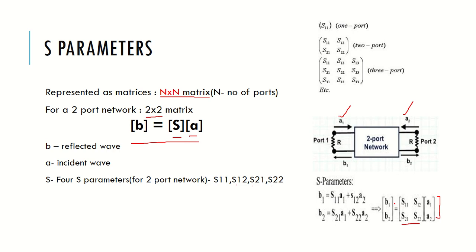The general matrix representation of S parameters for a two-port network is B1, B2 equal to S11, S12, S21, S22 into A1, A2. In the form of equations we can write it as B1 is equal to S11 into A1 plus S12 into A2, and B2 is equal to S21 into A1 plus S22 into A2, which gives rise to these two equations.